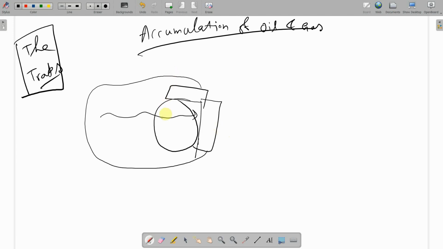Sometimes you will find this volume is in a large amount, where if you do the extraction, it will give you some profit, a huge amount of profit. If you get the profit margin you want, then it will be called an oil trap.